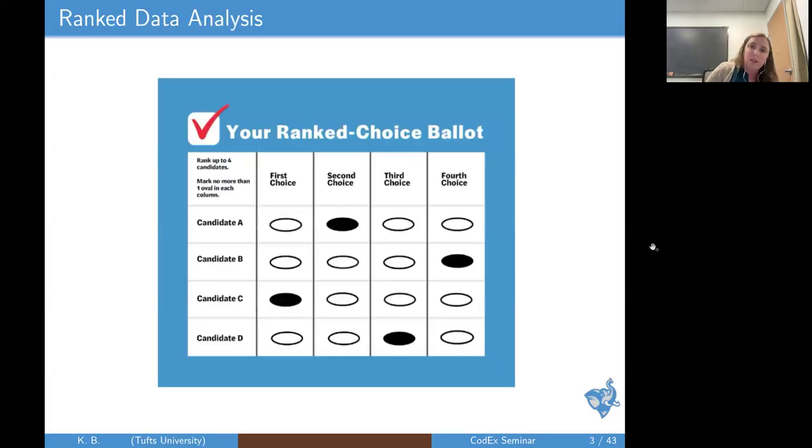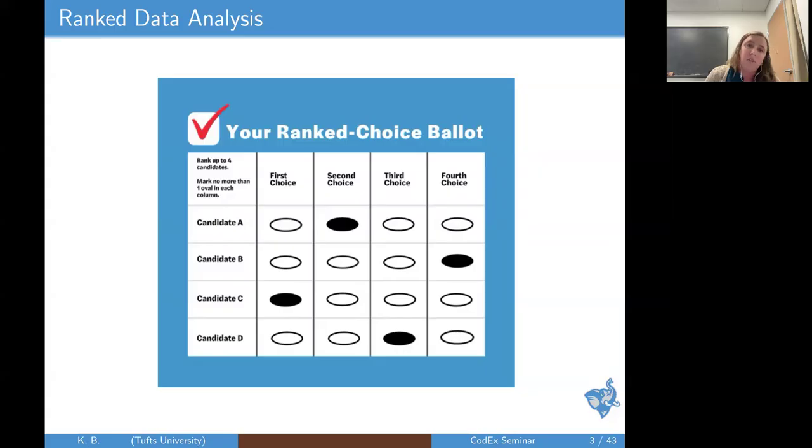So the motivation for this project somewhat comes out of ranked data analysis. We can think about a ranked choice vote where we have, for example, four candidates, A, B, C, and D, and we're ranking them from our first choice to our fourth choice. This is a type of voting that's being more widely used in various elections.